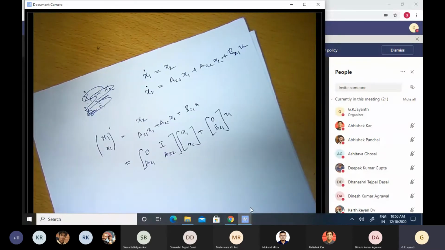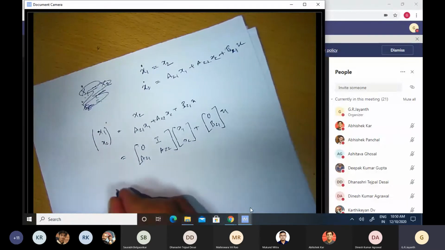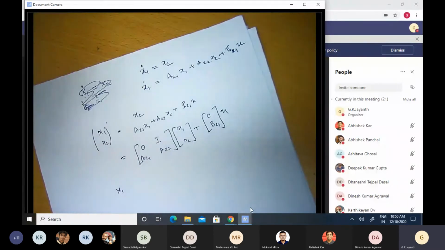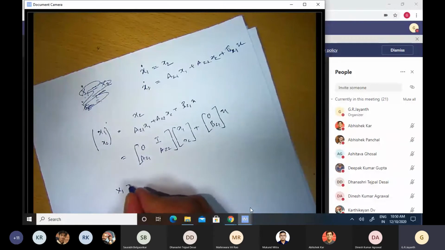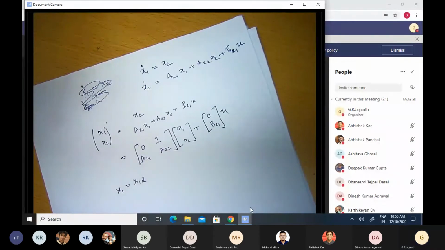This is how the equation of a general dynamic system would appear when represented in the state space form.